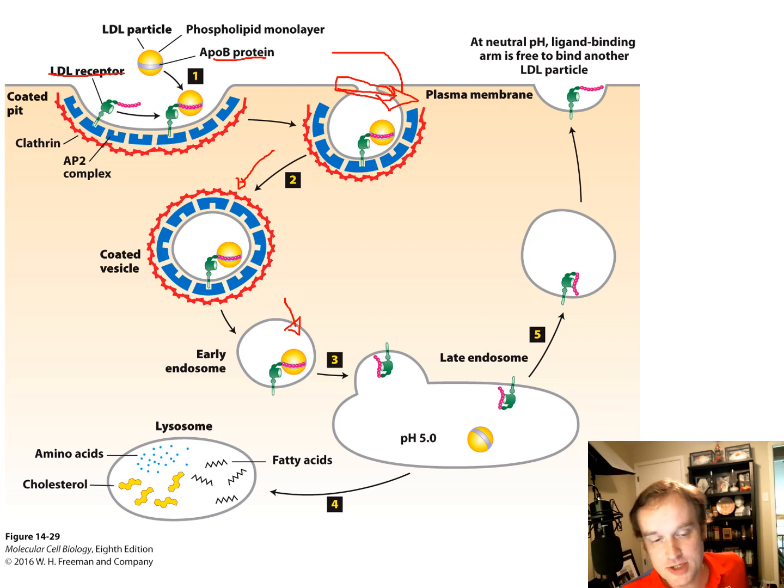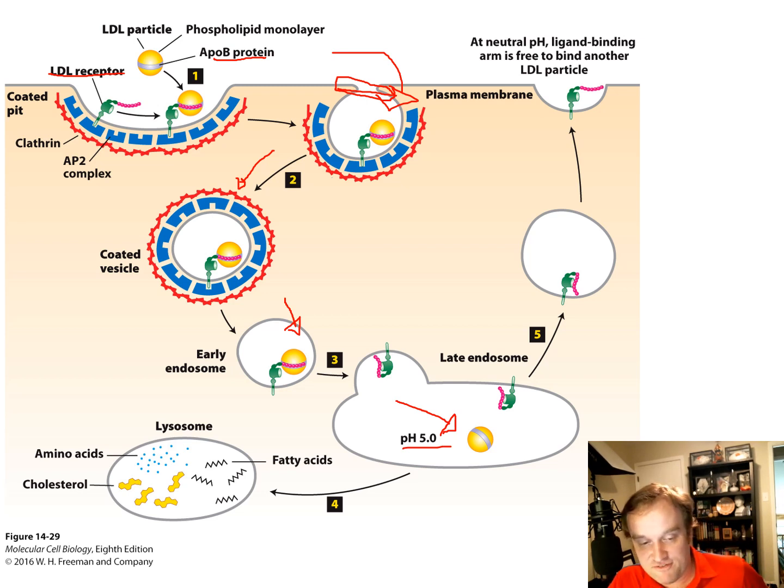In step 3, the vesicle fuses with the endosome, and just like previously, with our last example of the lysosome, the acidic pH of the endosome causes a conformational change in the receptor, which releases that LDL particle. So you can see the pH is real low here, not close to neutral.